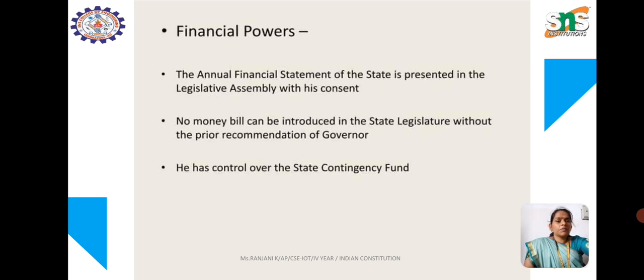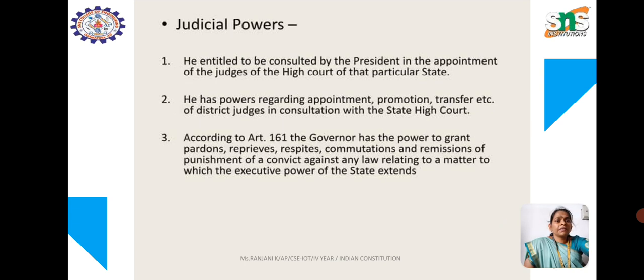Next, let us see the financial power. The annual financial statement of the state is presented in the legislative assembly with his consent. No money bill can be introduced in the state legislature without a prior recommendation of the governor, and he also controls the state contingency fund. Next, let us see the judicial powers.